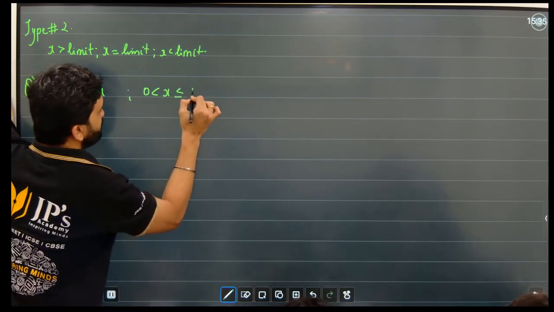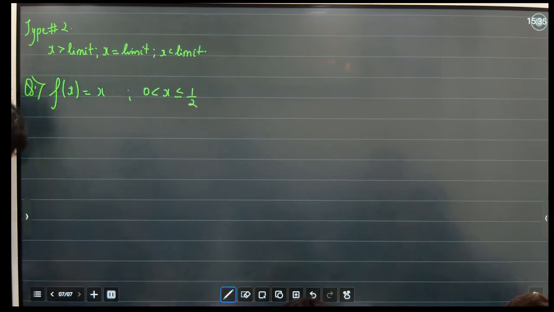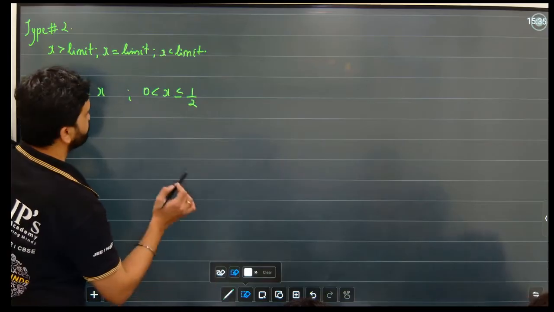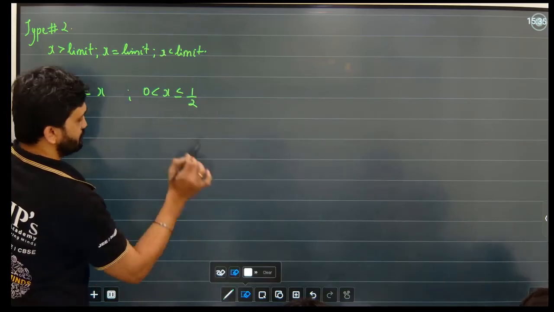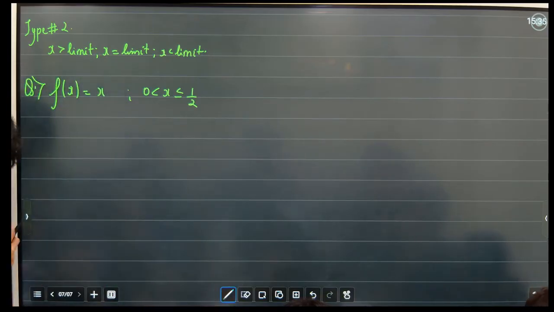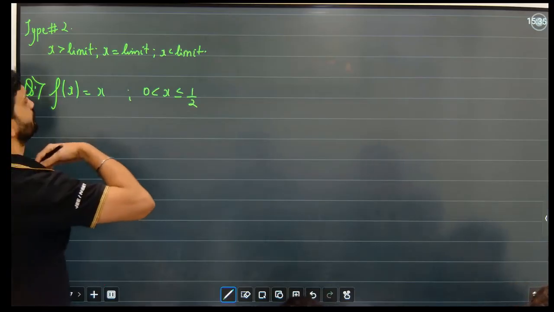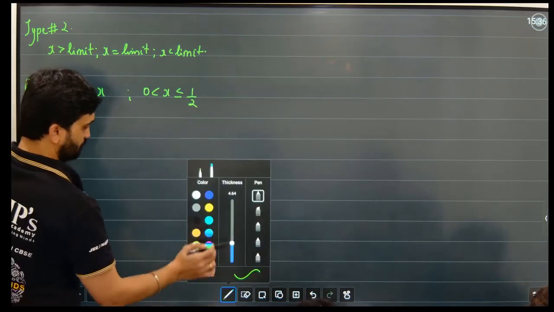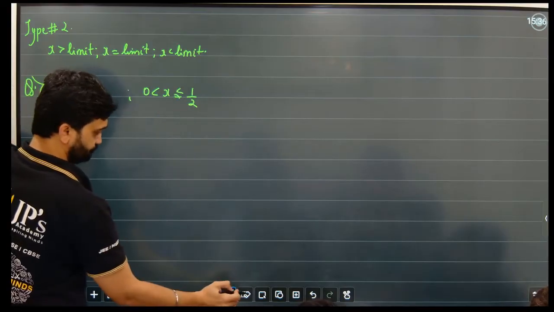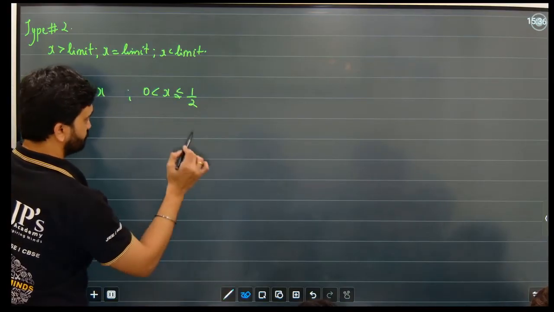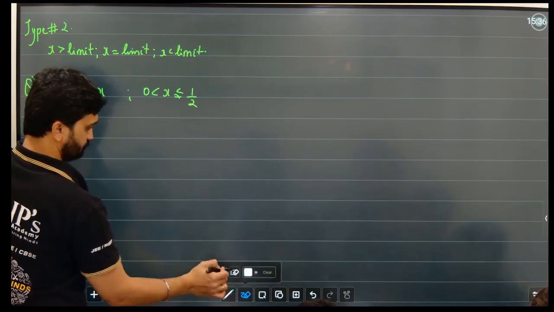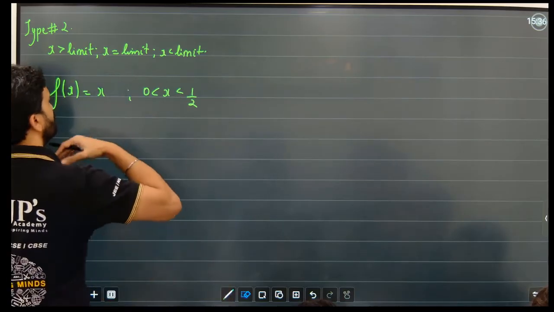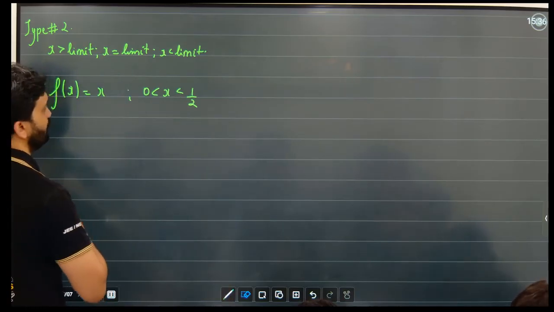x less than equal to half. 0 less than equal to x less than half. 0 less than x less than equal to half, and zero less than equal to x less than half.